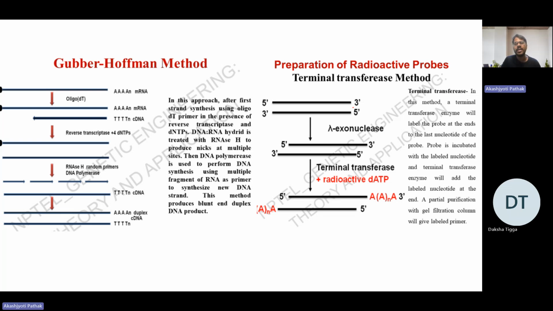Okay, and another thing: in Southern blotting, if you want to probe whether your DNA sequence has a particular DNA sequence, you will require a radioactive probe. So how do you create radioactive probes? Radioactive probes are basically single stranded oligonucleotide sequences having a radioactive group.